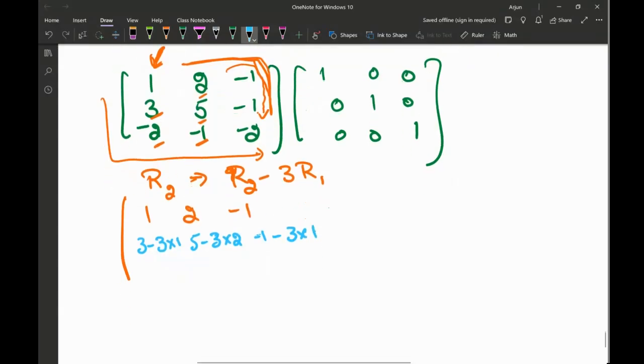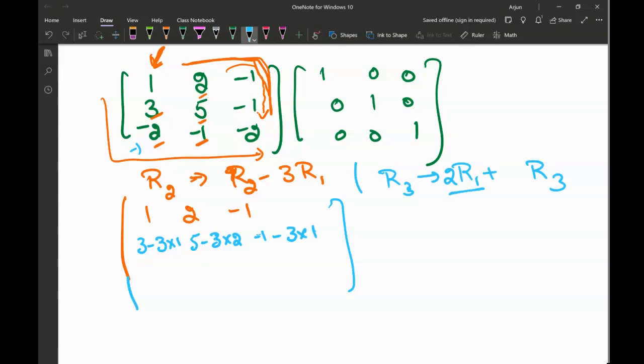All right, now I can apply the operation at the same time on the third row also. On R3 I will apply 2R1 plus R3, because that's going to make this element 0.